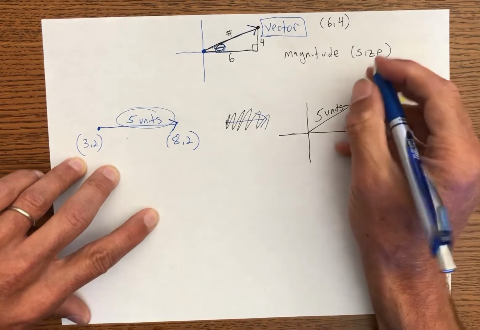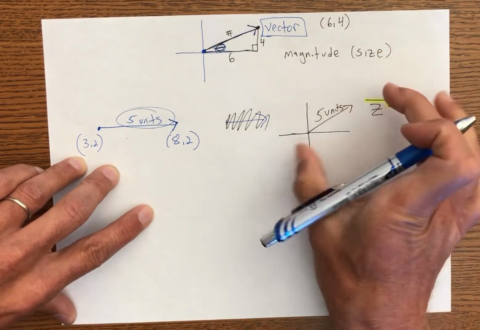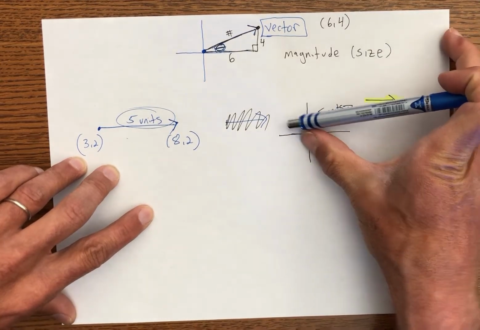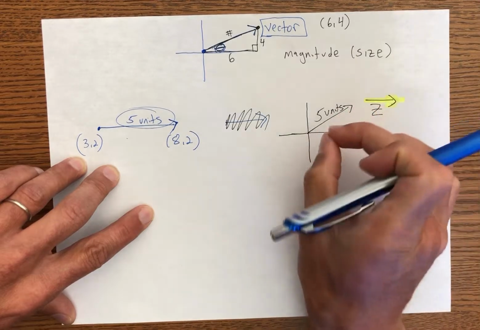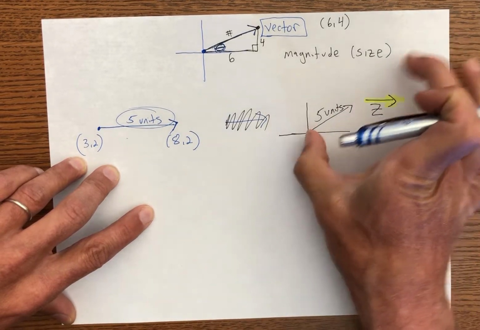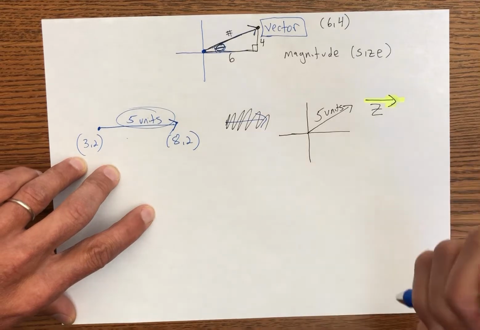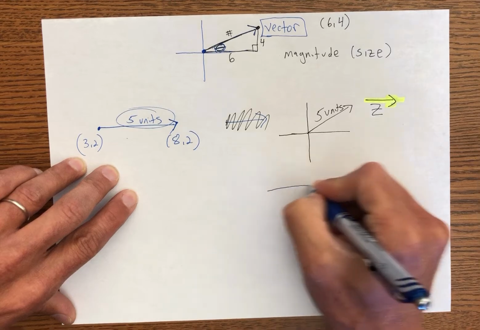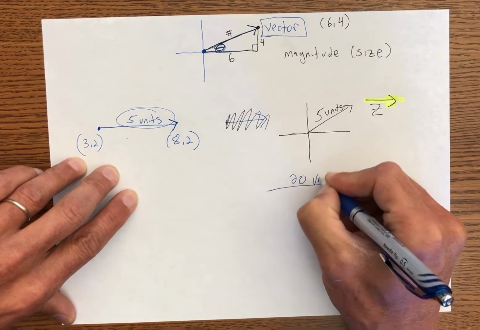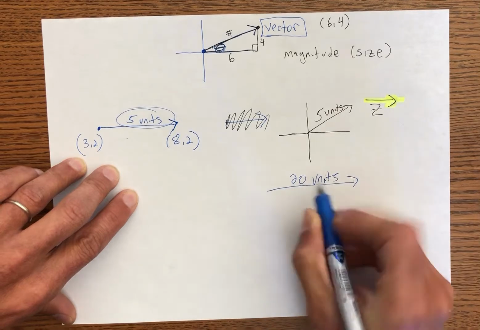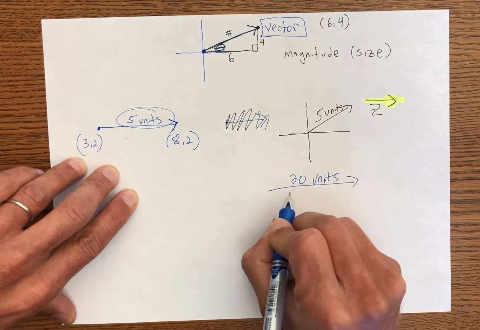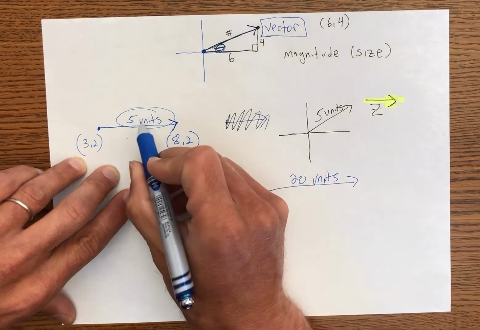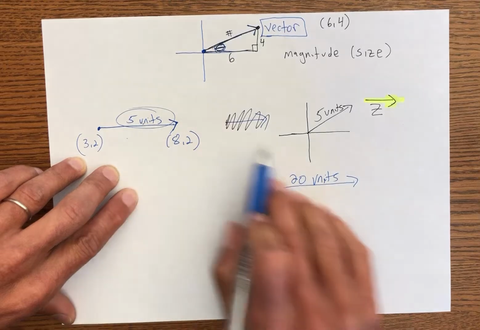Now also on the first page of notes, I talk about a scalar. Technically, when you're multiplying a vector, you're extending it out. A scalar has magnitude. It means it increases or decreases in size, but it doesn't have any direction. So let's say I go 20 units to the right. We're going to talk about scalars more in depth next class. Let's say this vector is 5 units, and now it's gone 20 units.